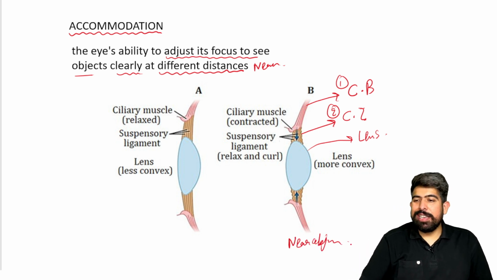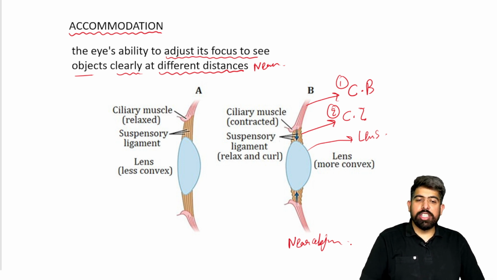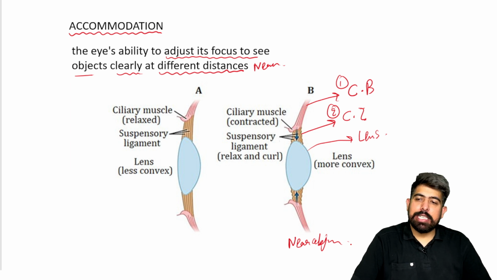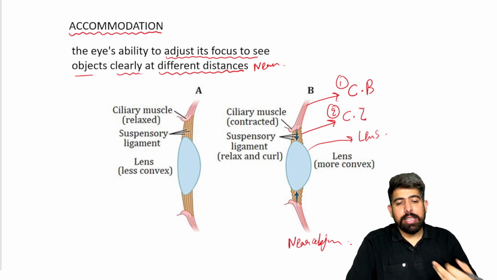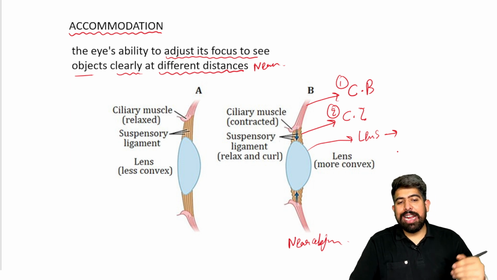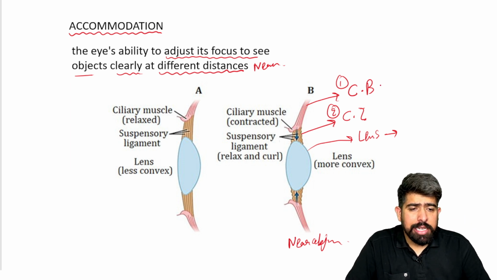So when I have to see the near object, I need more power. As I already told you, if the curvature is increasing, the power is increasing. So as I need more curvature, please understand what will happen. Your ciliary body will contract.